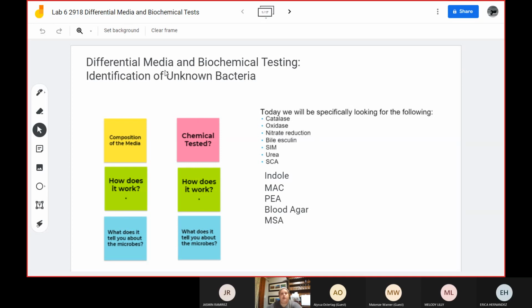But overall, the overarching theme is identification of unknown bacteria. So this is the goal of all these tests. Each of these tests will not tell you what the bacteria is, but each of them will provide information about the bacteria that you should be able to, if combined with all these other tests, decide what kind of unknown bacteria you have.